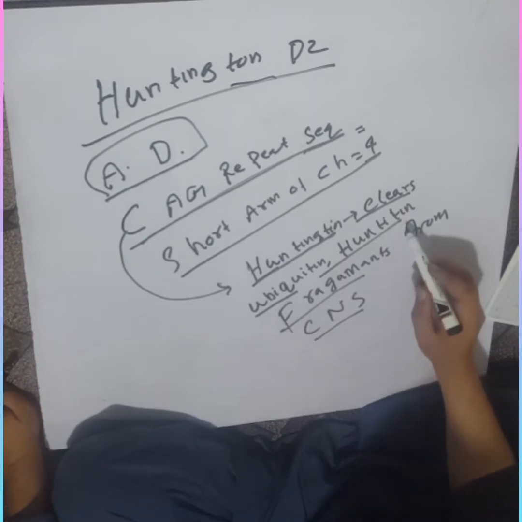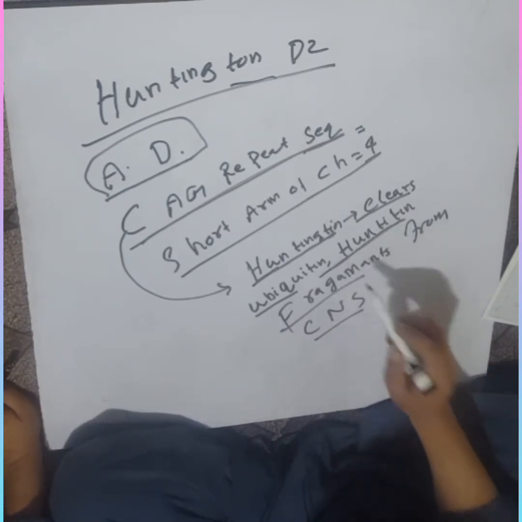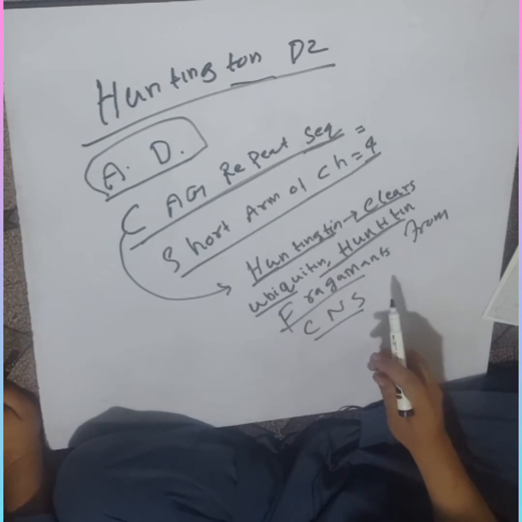The ubiquitin and broken Huntington fragments are neurotoxic. They can cause damage to the CNS.